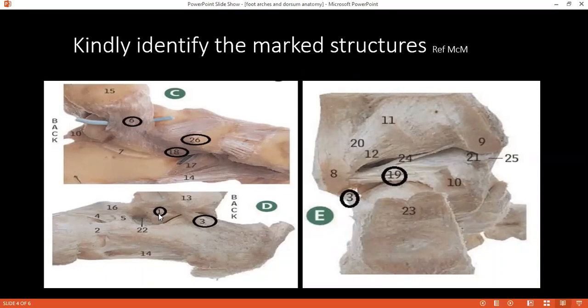Anterior talofibular ligament. 3, please. Calcaneofibular ligament. Yes, very good. Okay, moving on to picture E. Can you identify 3 again, please? Yes, it's a calcaneofibular ligament. Good. Right, 19, please. It's posterior talofibular ligament. Very good.